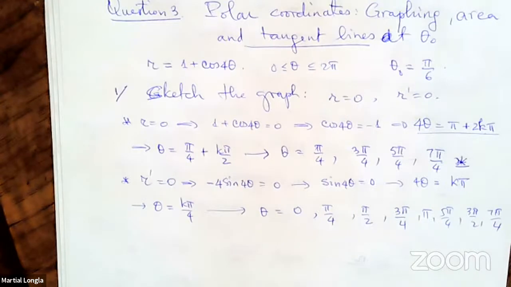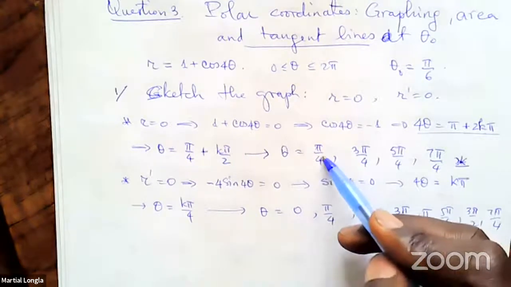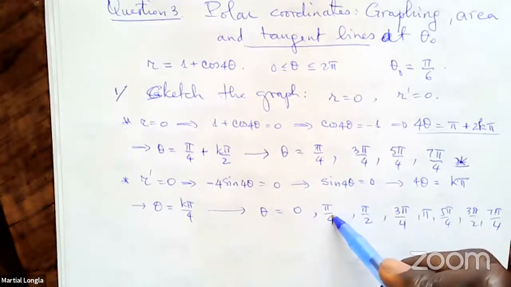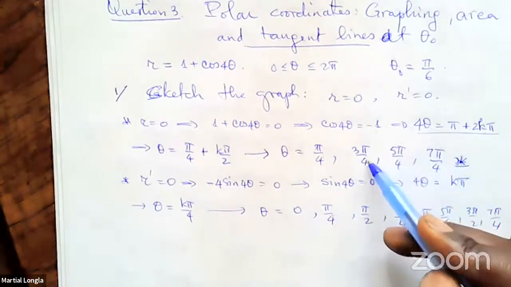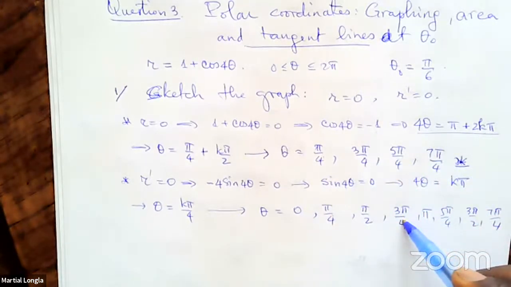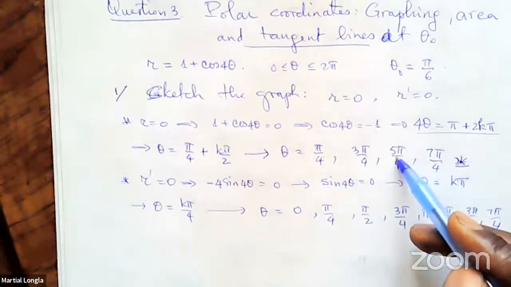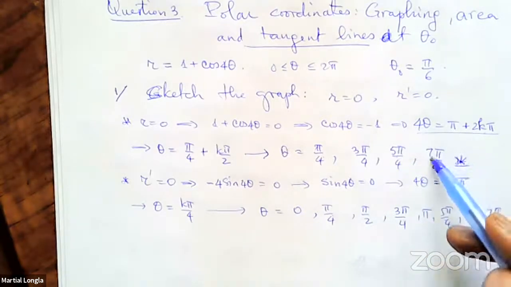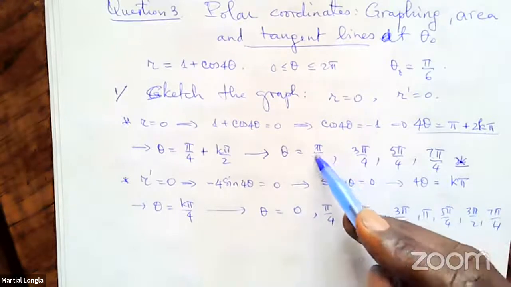Now notice one thing. These numbers are here as well: 3 pi over 4, 5 pi over 4, 7 pi over 4, pi over 4.